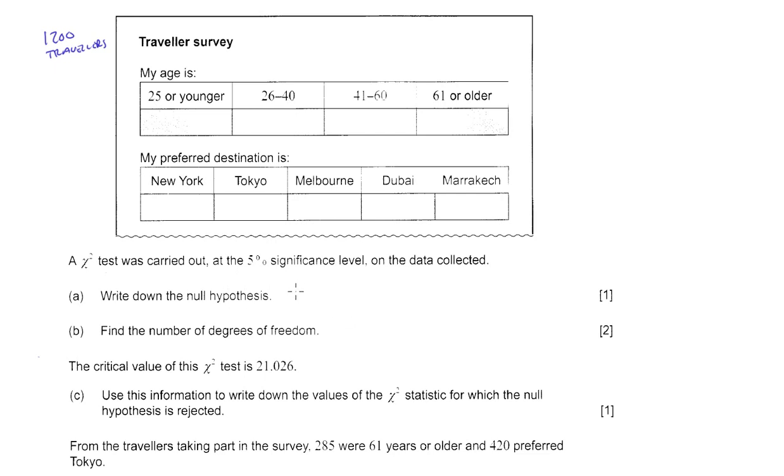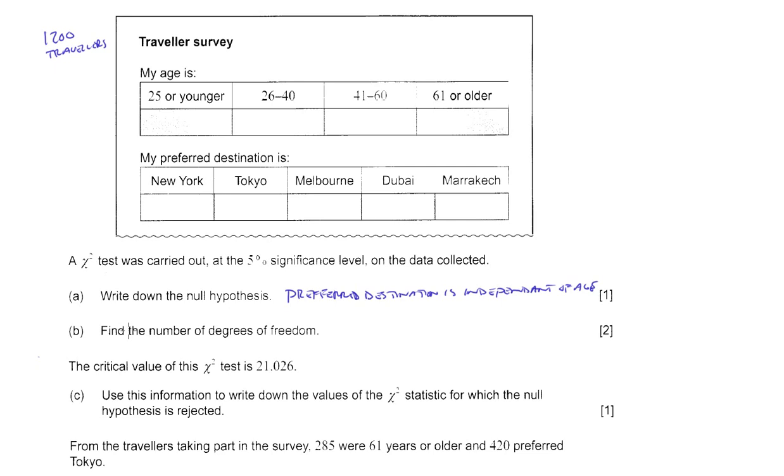So we would go with: preferred destination is independent of age. Or something of that nature.